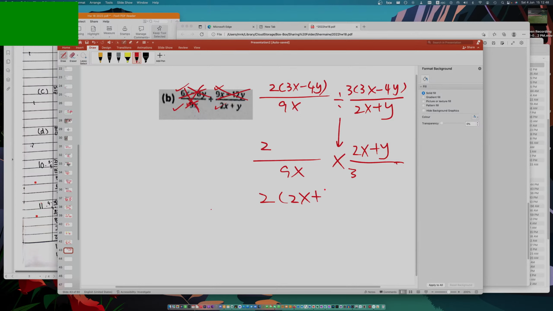It's a times. Times first arrow, 4x. Second arrow, 2y. Below, times 3 times 9, 27x. Done. Are you clear? Okay, good. Next.